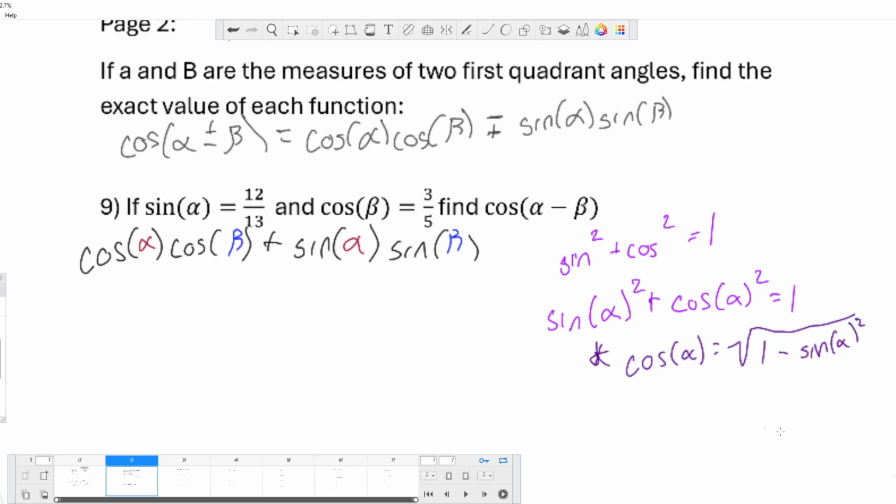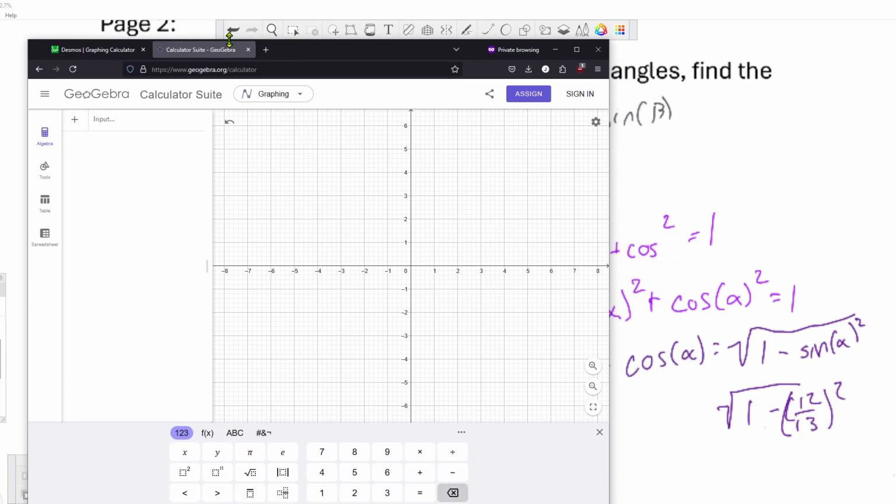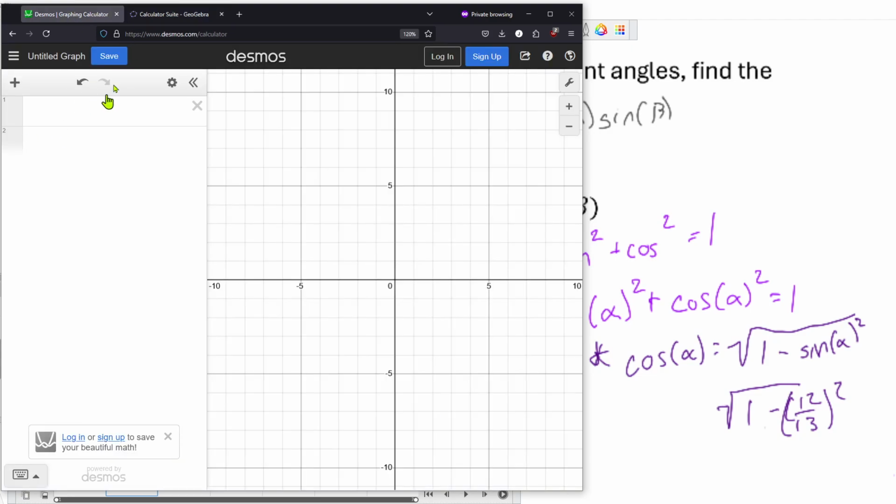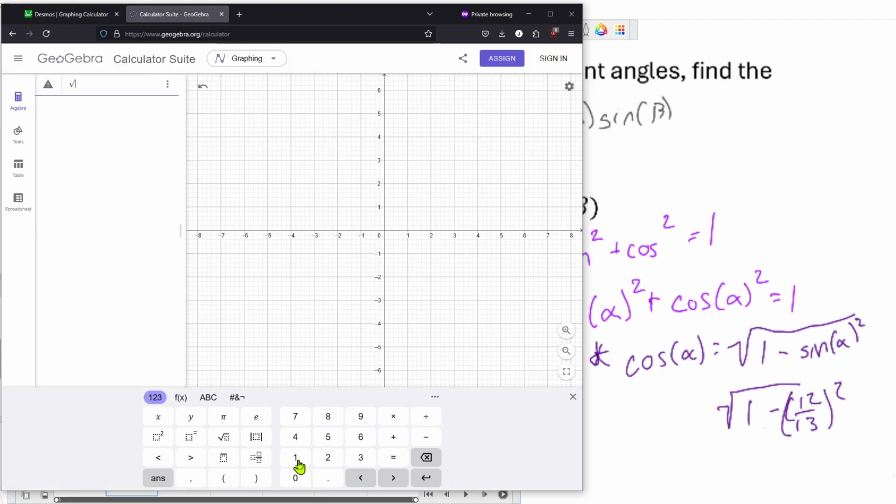So we know sine of alpha was right here, so we're evaluating 1 minus 12 over 13 squared. Now, I think that's a job for a calculator, so we're just going to use GeoGebra. I would use Desmos, but Desmos isn't very friendly with fractions. So we can just punch this in here. Oof. Well, that's not being very friendly with fractions either.